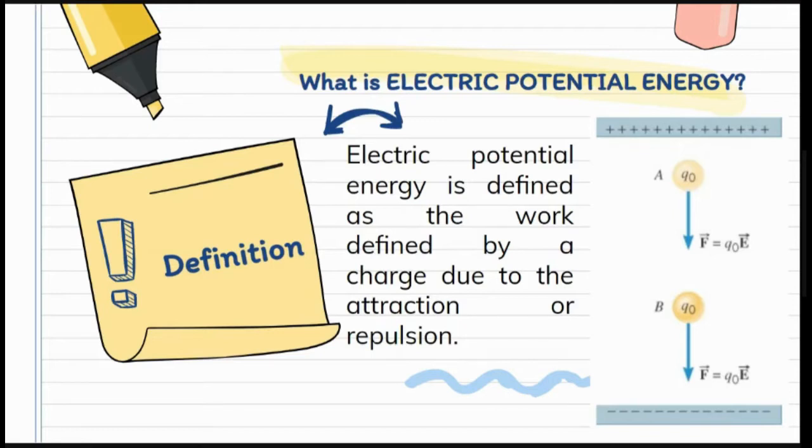So that's why the direction of our electric field is going downwards. Basically, we have two different charged plates, and they are attracted to one another. To fully verify that there is an attraction, we need to place a test charge.